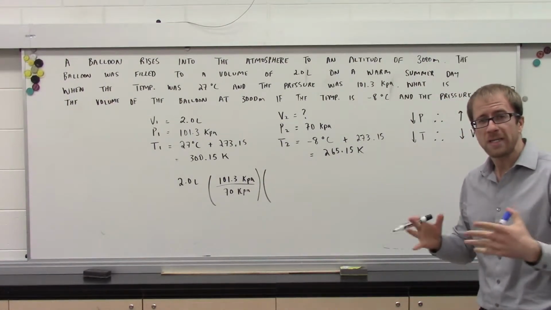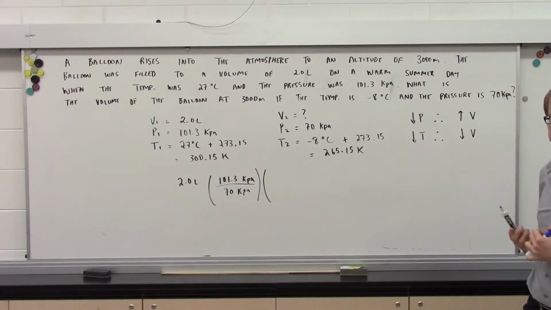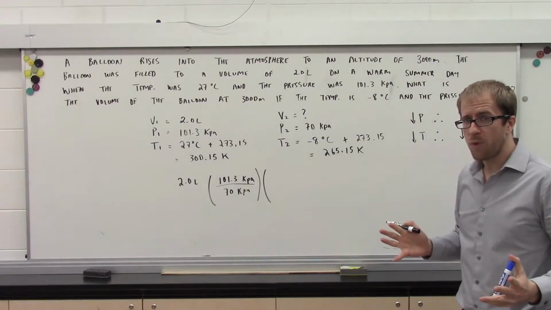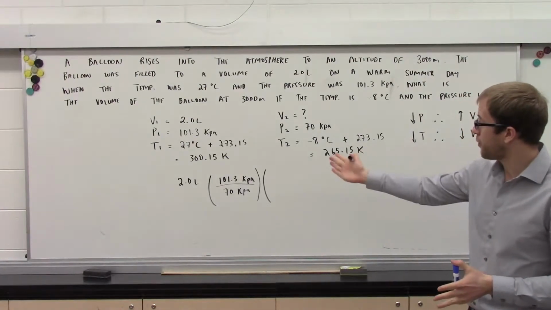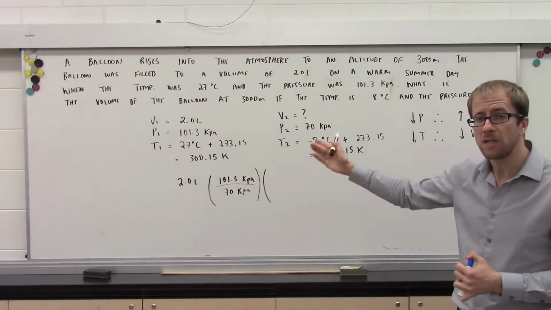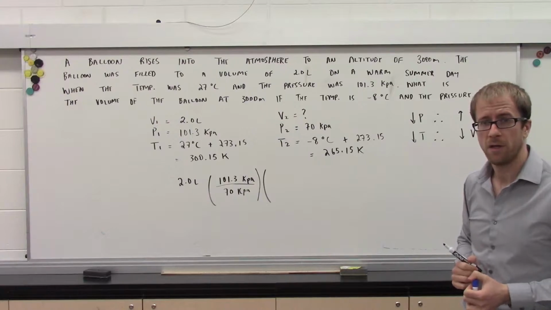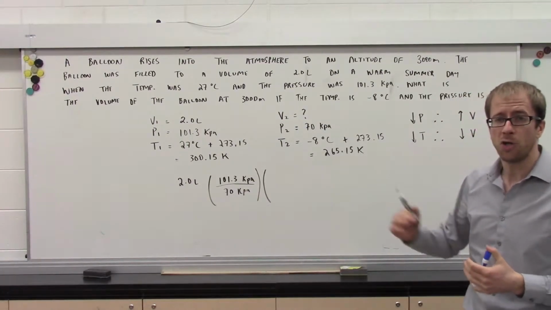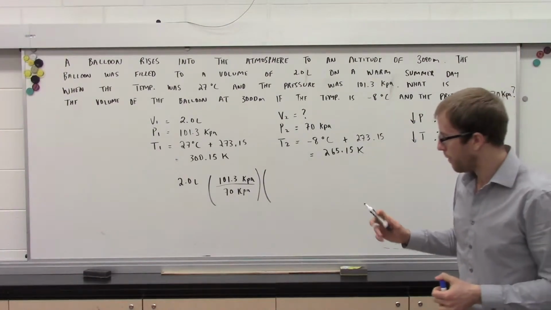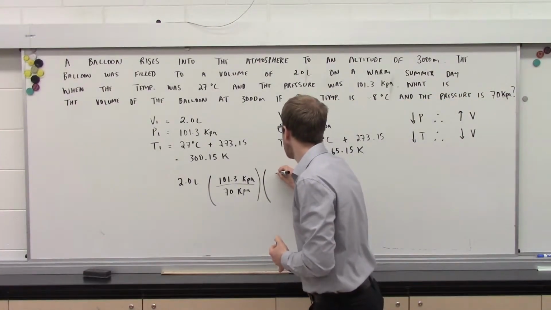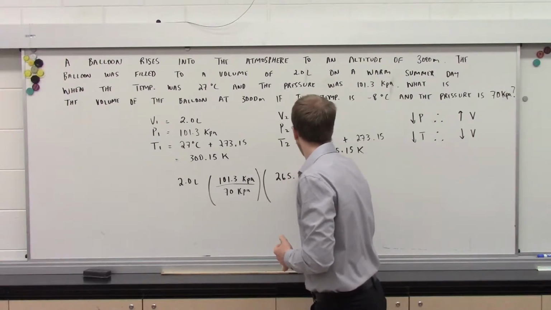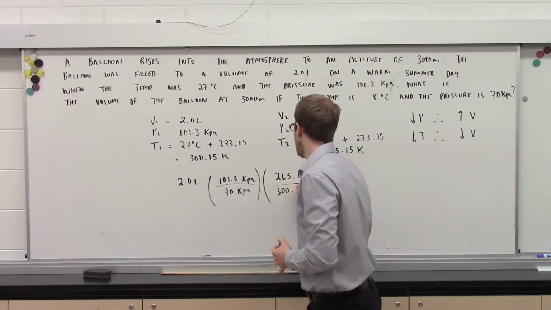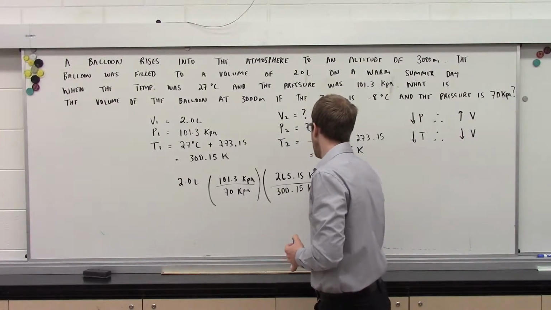Now, a decrease in temperature therefore results in a decrease in volume. So what am I going to multiply by? Am I going to multiply by 300 over 265 or 265 over 300? Well, we want it to go down, so our larger number should be in the denominator. So we're going to do 265 over 300.15.